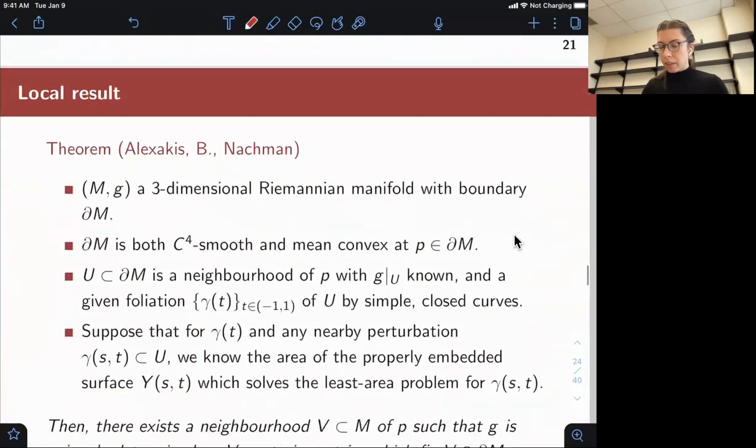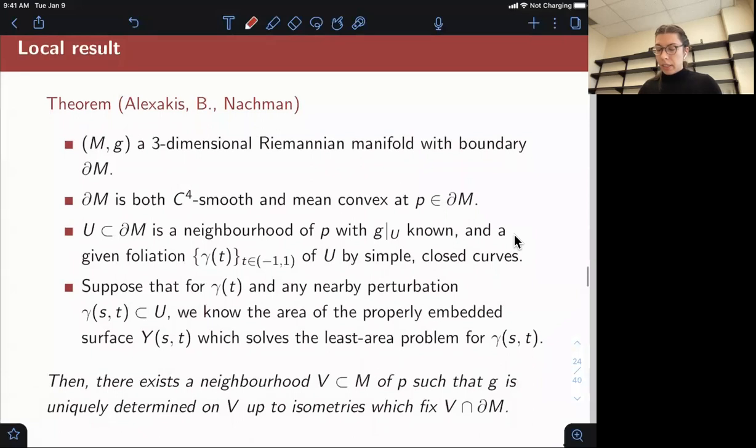So from this, we have a little local result. Again, I'm looking at Riemannian manifolds that are 3-dimensional and with boundary. Again, I'll assume that the manifold is at least C4 smooth near this point P that I've picked. And I have this neighborhood U on the boundary of the manifold which I can foliate by these simple closed curves.